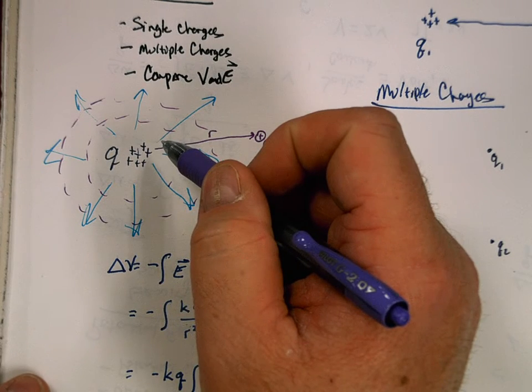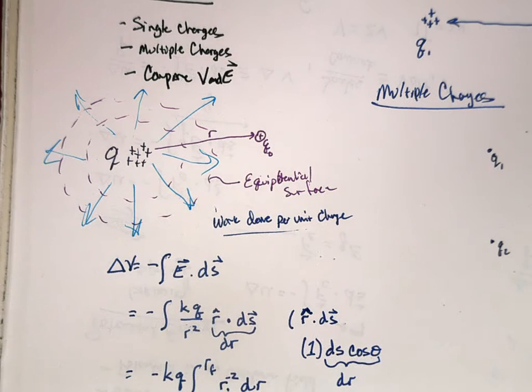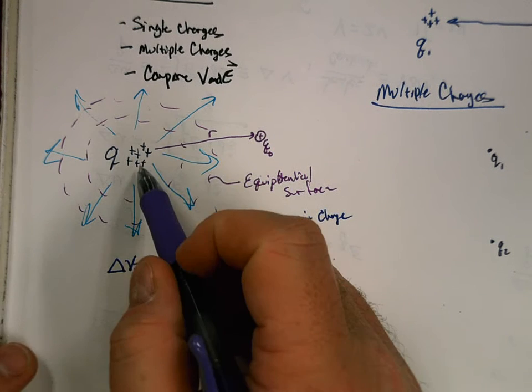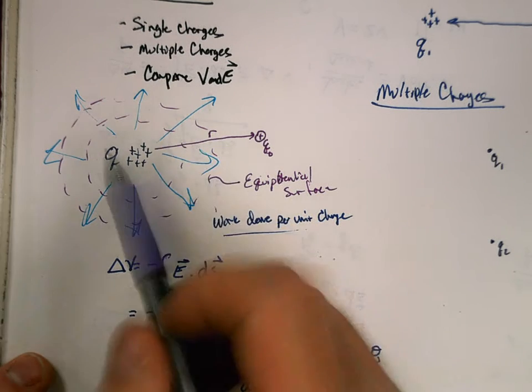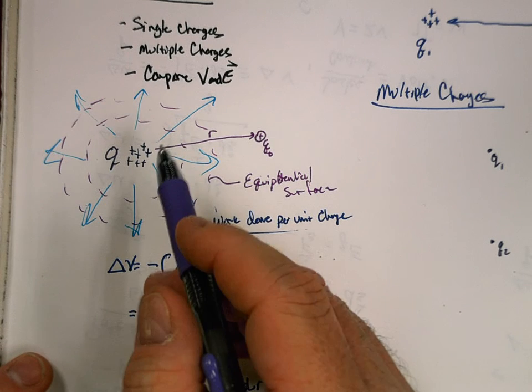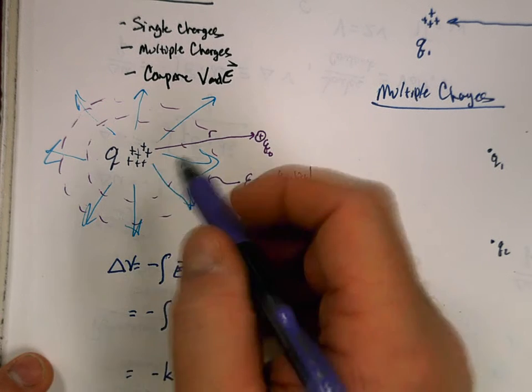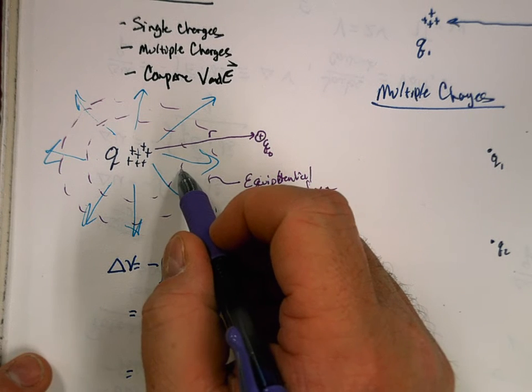So if r is the same the whole time, what shape is made from a constant radius? A circle, or in 3 dimensions, a sphere. So around a point charge, there is a spherical equipotential surface. Let's say this is 4 volts, and then we move further out, that would be 3 volts.